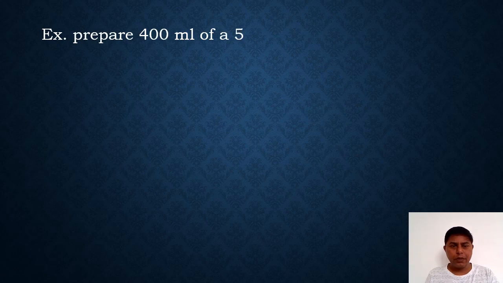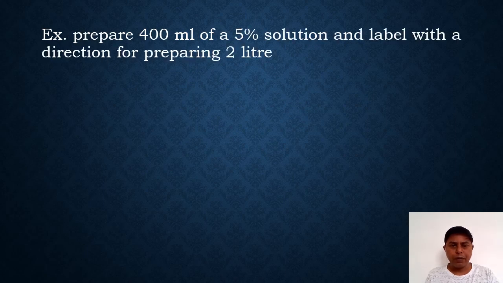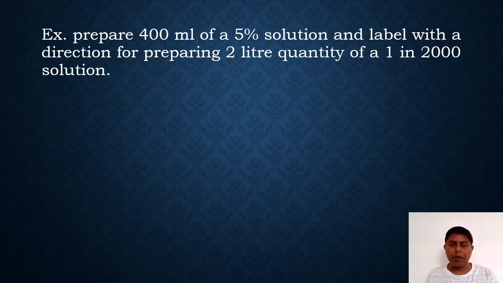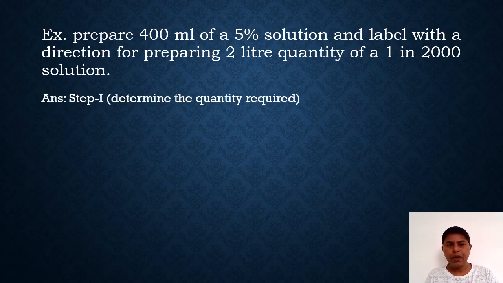Now the next problem: prepare 400 ml of a 5% solution and label with a direction for preparing a 2-liter quantity of a 1 in 2000 solution. Pause the video and try to solve it yourself. Now this problem again involves two steps.